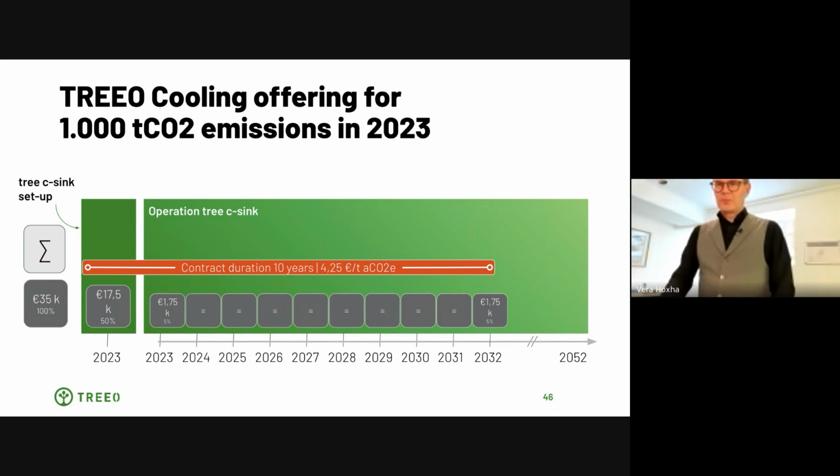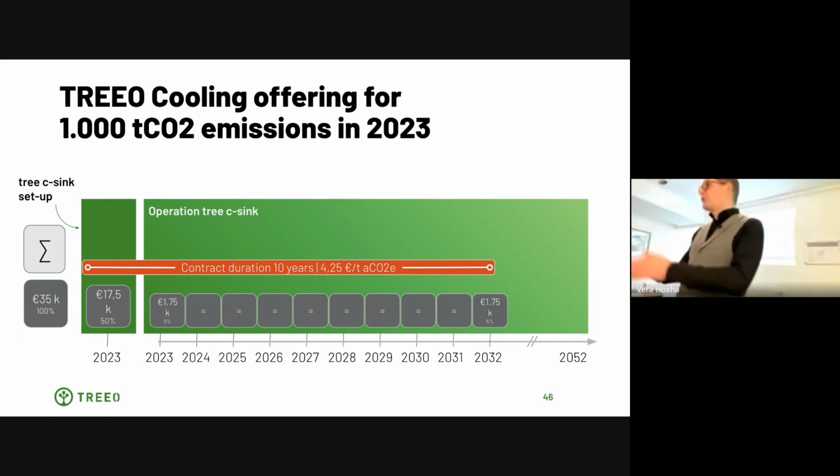And then after that, we have a 5% service fee to operate the C-sink. Then what happens after 10 years? We will offer you to extend with a yearly fee, but you can also go, of course, to other providers of cooling service. So it's not that we are bound to that. And hopefully in 2033, we also have other cooling service products in our offering, not only tree C-sinks.